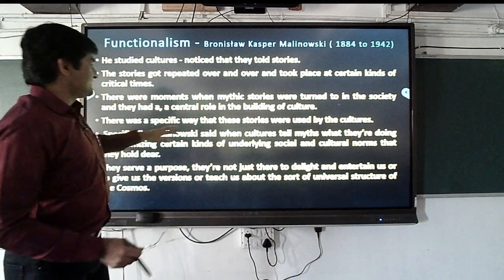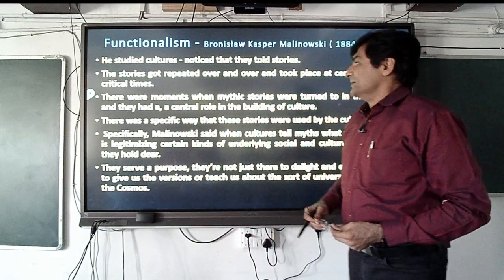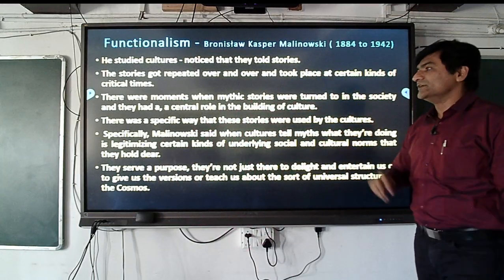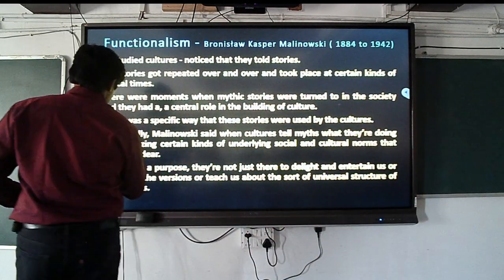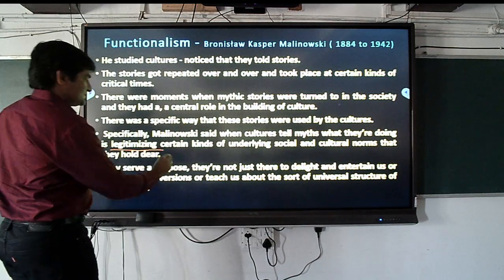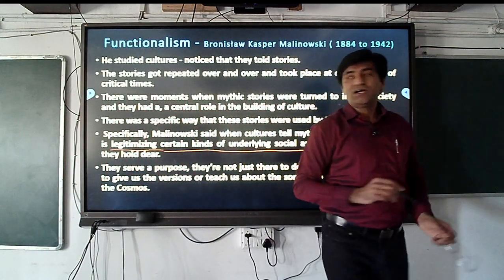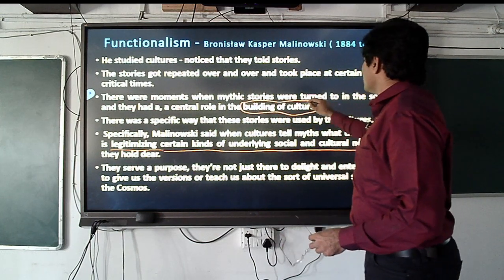There was a specific way that these stories were used by the cultures. Specifically, Malinowski said when cultures tell myths, what they are doing is legitimizing. This is an important word. They legitimize certain kinds of underlying social and cultural norms. Okay. So, one was building culture, or we can call it community.